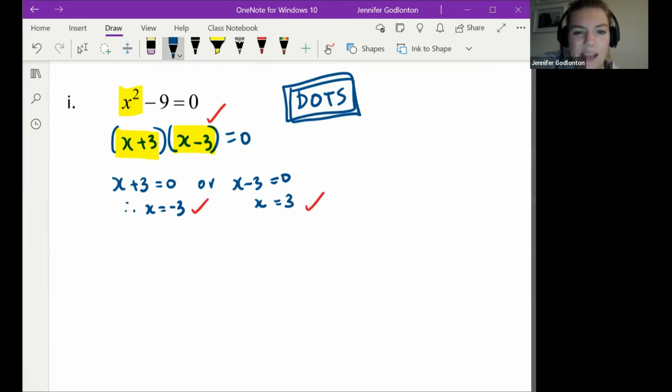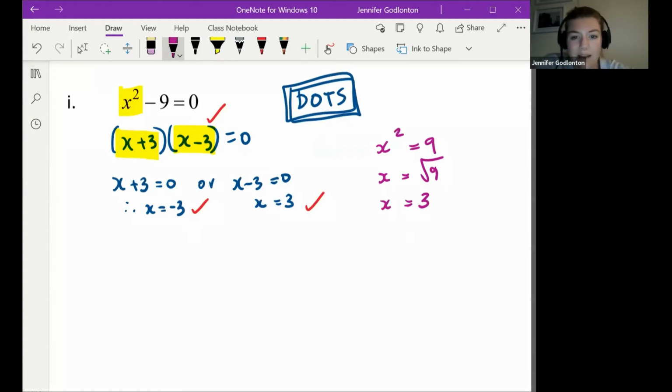For those of you saying, why can't I move it over and do a square root? Let's talk about it. x squared is equal to 9. Let's say we did that. You can square root that 9. But what you probably are going to do is you'll get that answer and say x is equal to 3.